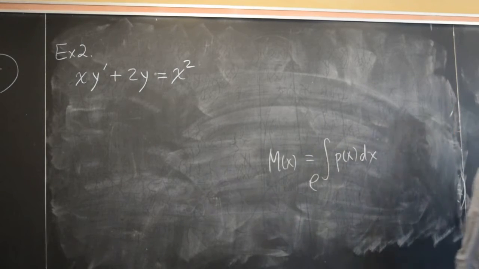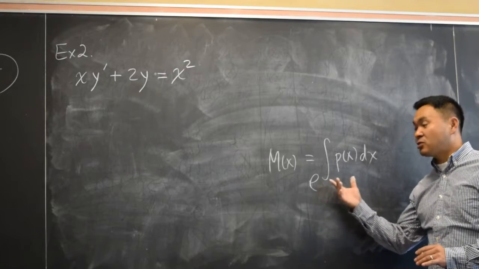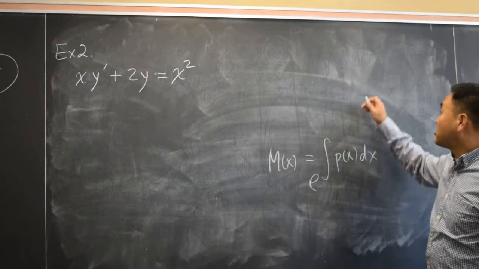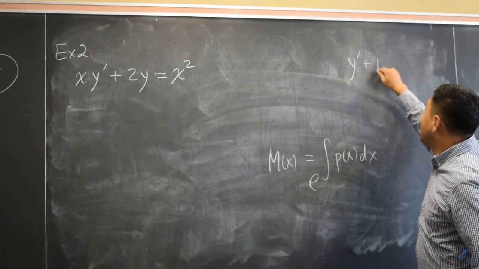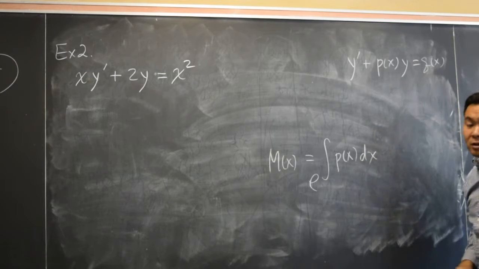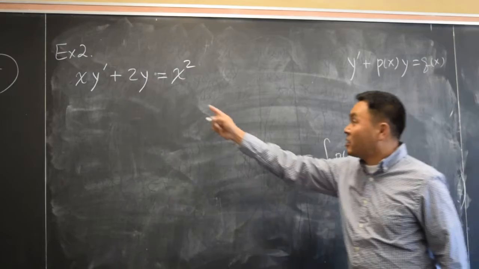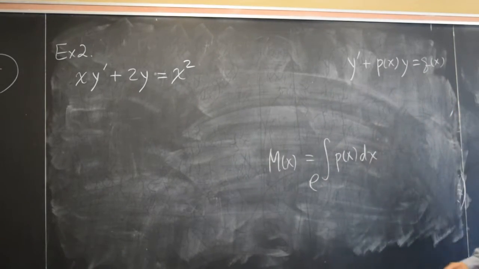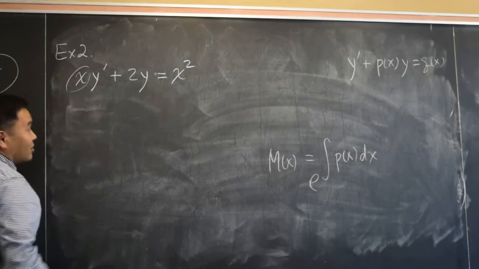Now, there is one thing that you have to be careful about when you apply this form. We derive this form by assuming that the original differential equation was given in the form of y prime plus p(x)y equals q(x), right? So you can't readily apply this formula here unless you put it into this form. In other words, what spoils this is this x here.